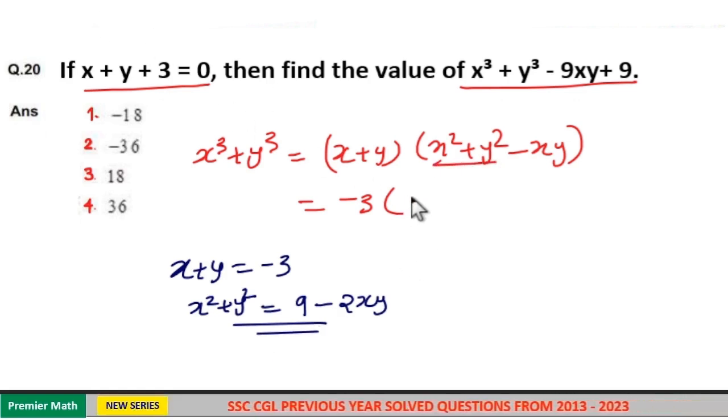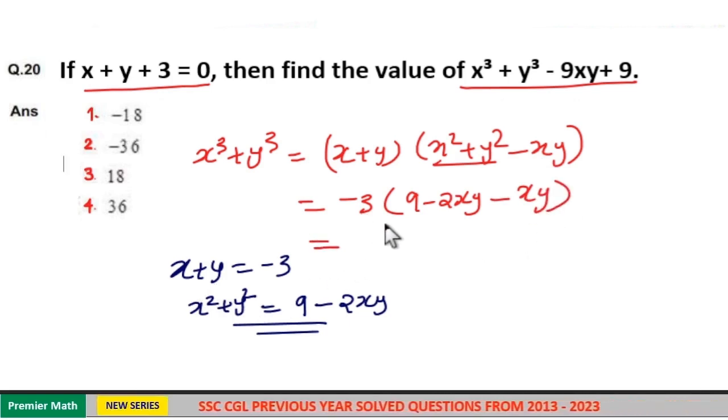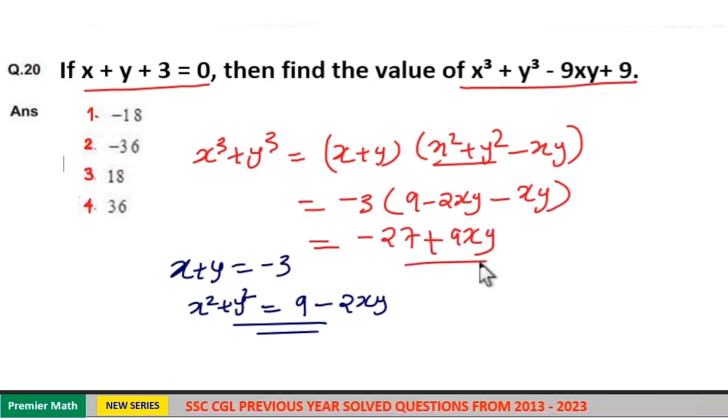So apply this: 9 minus 2xy. Remaining is minus xy. Now this will become minus 3 into 9 is equal to minus 27, and minus 2xy minus xy is minus 3xy. Minus 3xy into minus 3 is equal to plus 9xy.